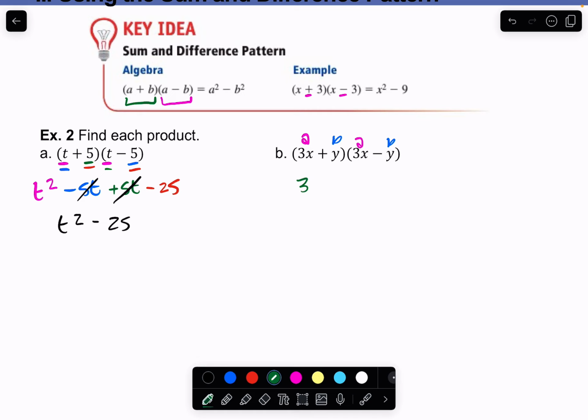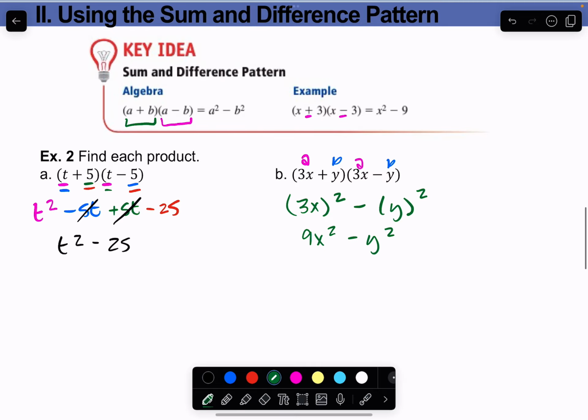So I've got 3x as a squared minus b, which is y, squared. 3x squared is 9x squared, and y squared is just y squared. So that's what we've got there. So yes, we can FOIL these, but when we learn these patterns, it makes us a lot more efficient. We can do more problems in less time, right?